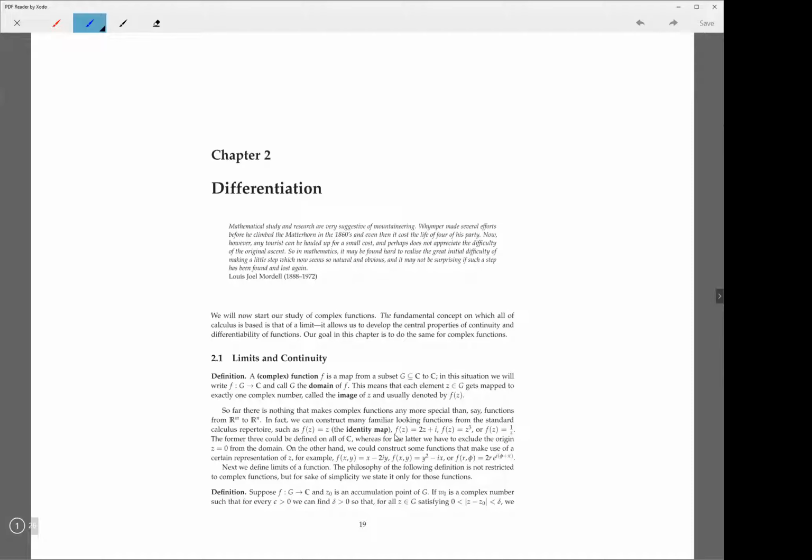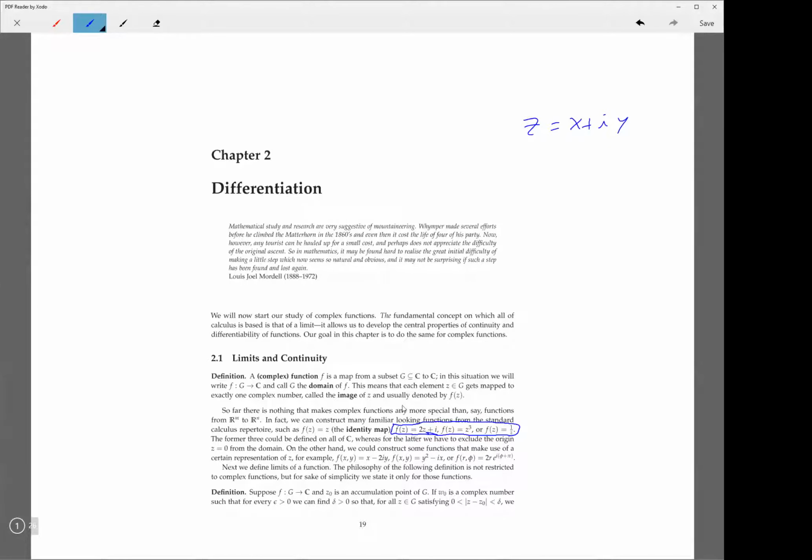Here are some examples of how you can do that. Those are the first three examples. This is saying that we're using z as the complex variable, so z is x plus iy. Then we have these expressions in z.